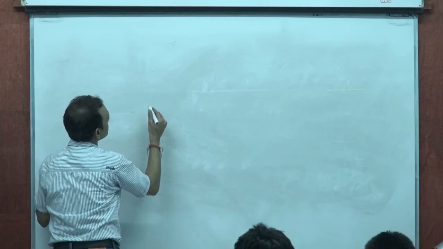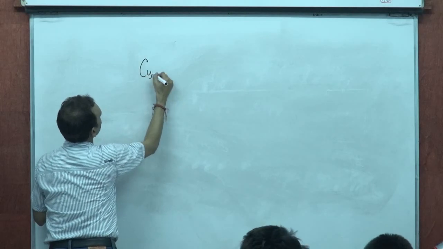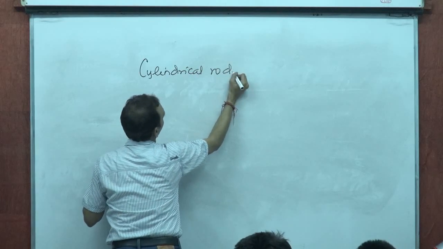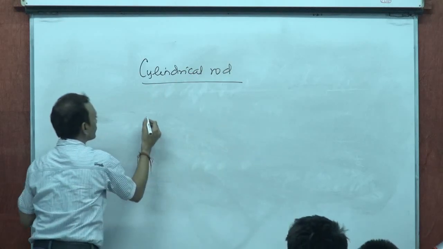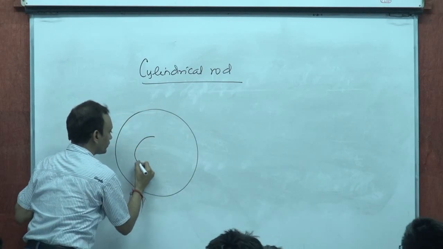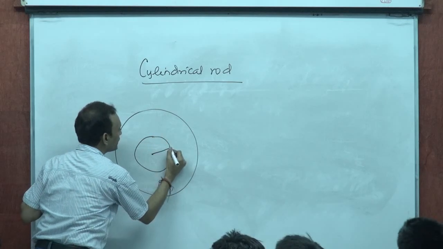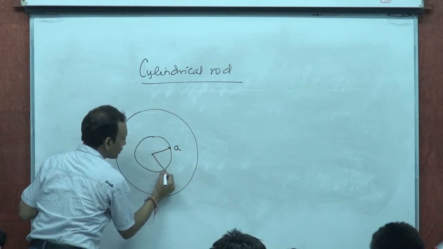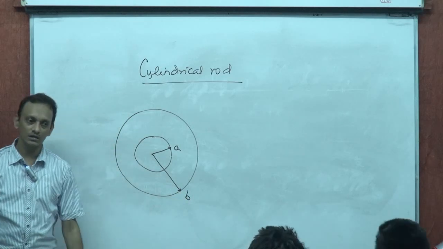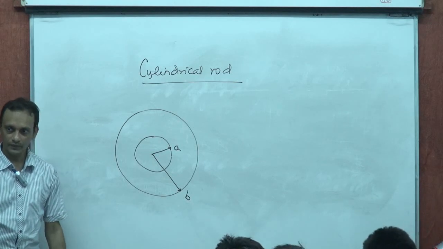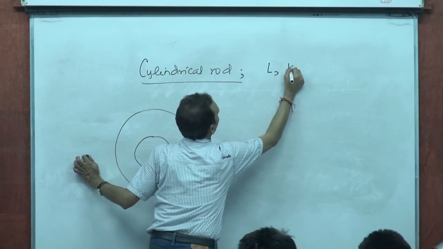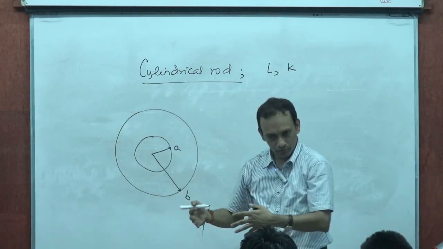Say there is a cylindrical rod of inner radius small a, outer radius small b. Inner radius small a, outer radius small b. Right? Length L, thermal conductivity K. Length of the cylinder going into the plane of the board.